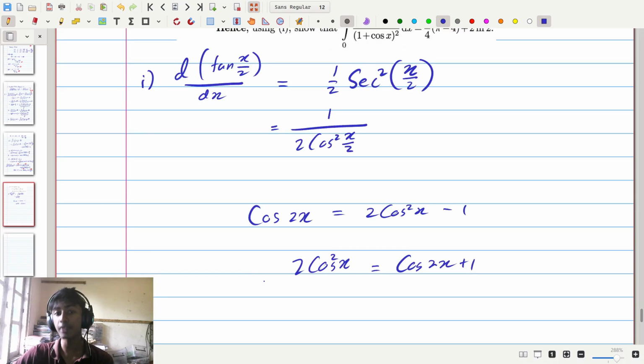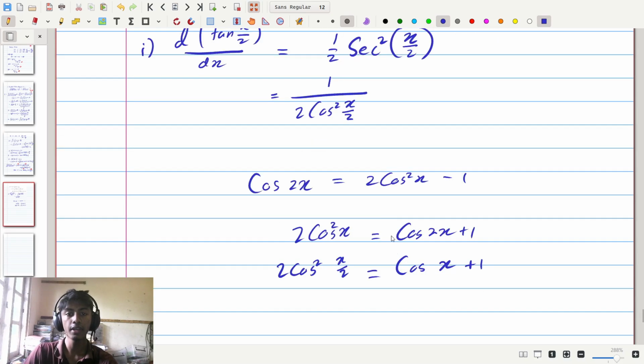Considering the form that we have here, we have 2 times the cosine squared of x over 2. Substituting x over 2 for x, 2 cosine squared of x over 2 is equal to the cosine of double that angle, which is cosine of x, plus 1. And therefore, instead of 2 cosine squared of x over 2, we can substitute cosine of x plus 1.